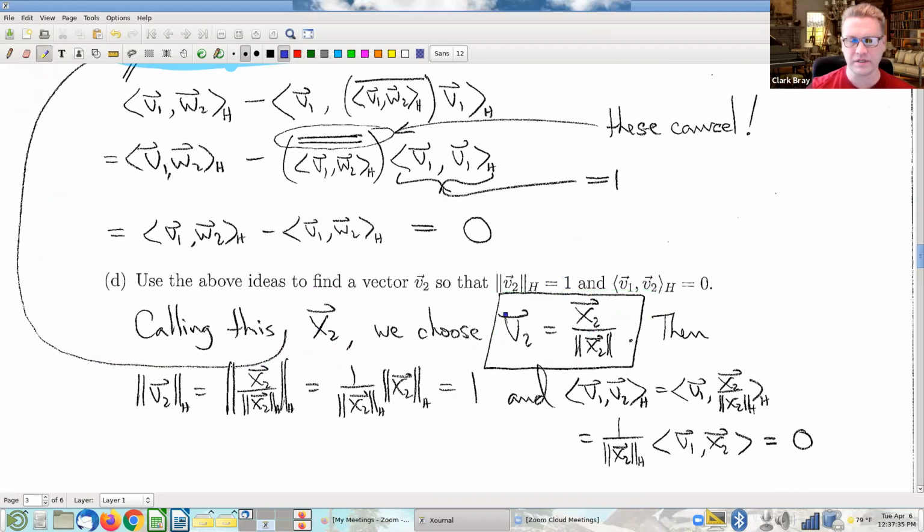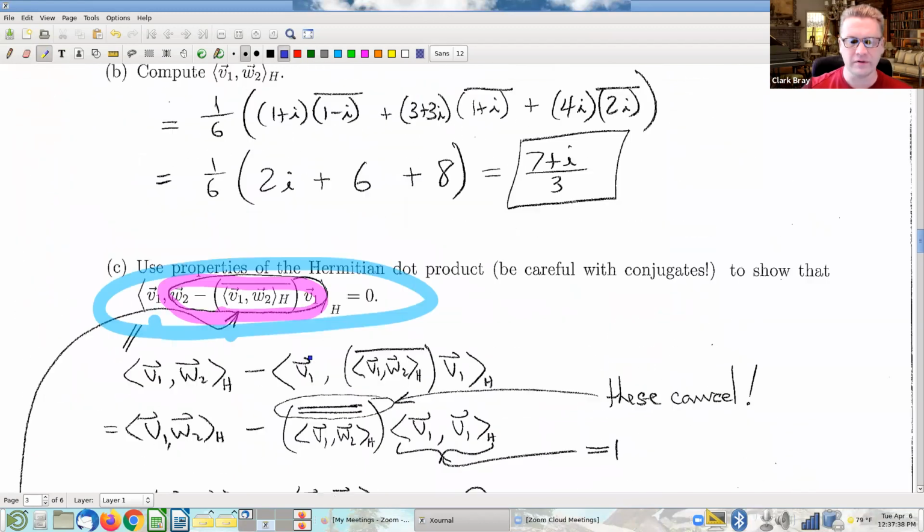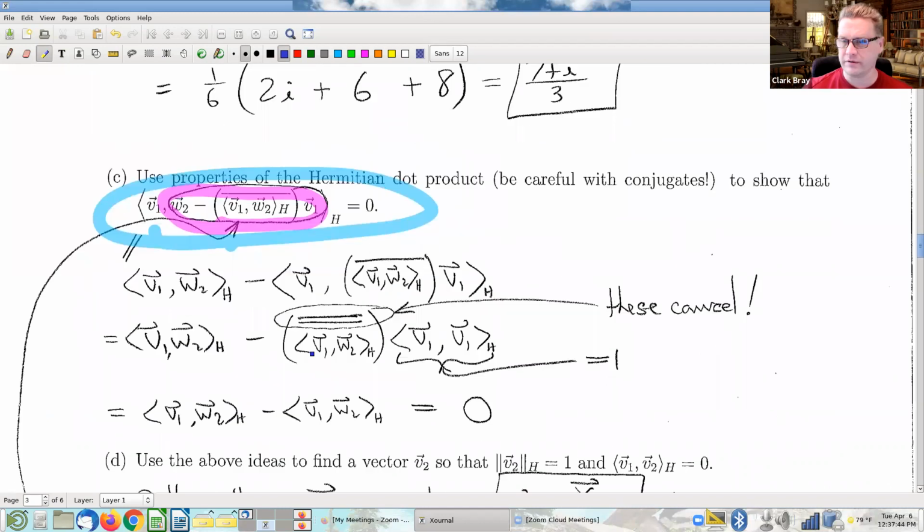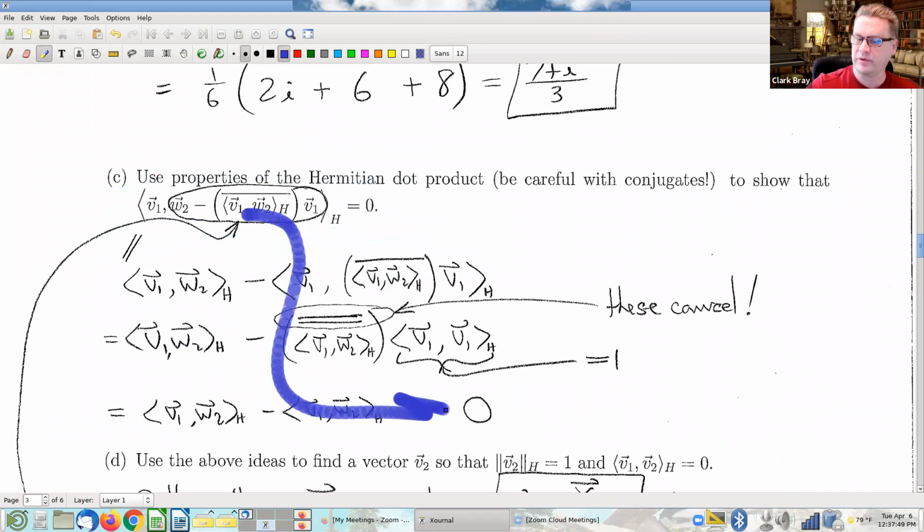All right, so that's the big idea of this question. You might say the first half or so of this question is just computing arithmetic. Then the third fourth of the question is making an algebraic argument using algebraic properties of the Hermitian inner product.